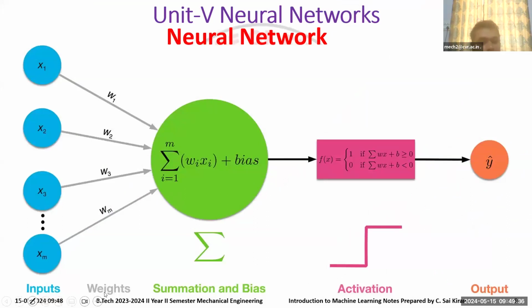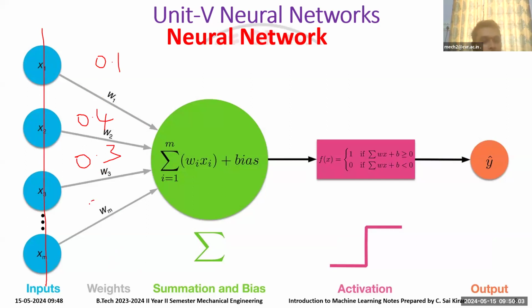This is more explanation. You have inputs x1, x2, x3, and so on up to xm. Then you have weights. Suppose for x1 you are giving 0.1 weightage, for x2 0.4, for x3 0.3, and so on. If I add all these weightages, the total should be equal to 1.